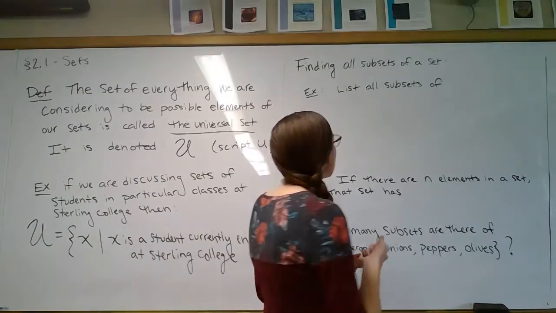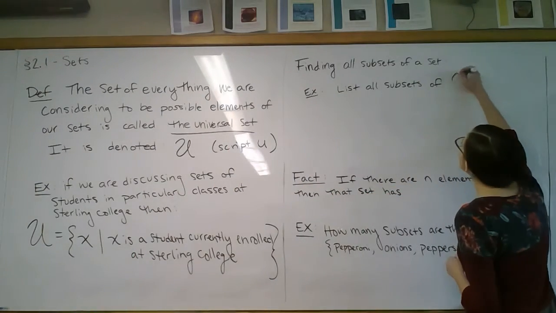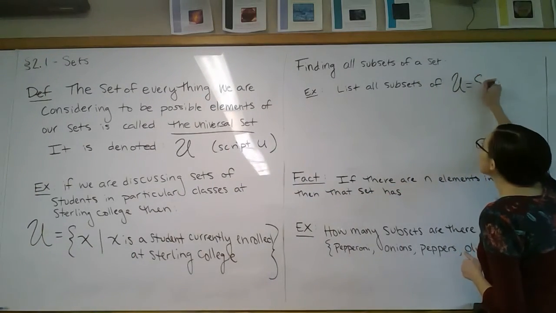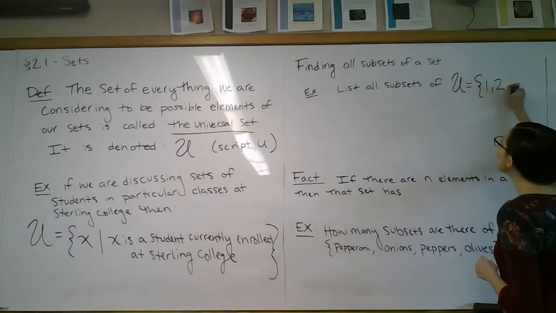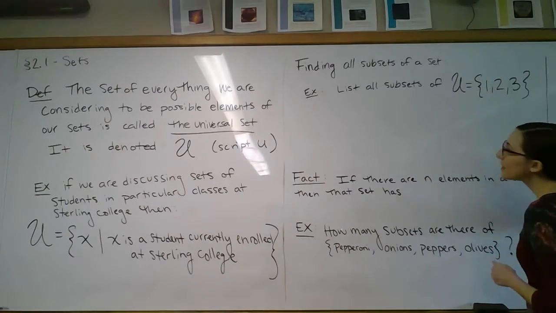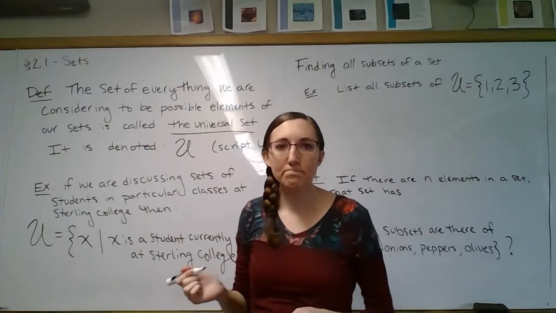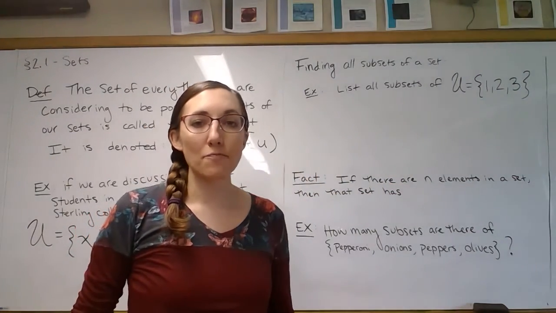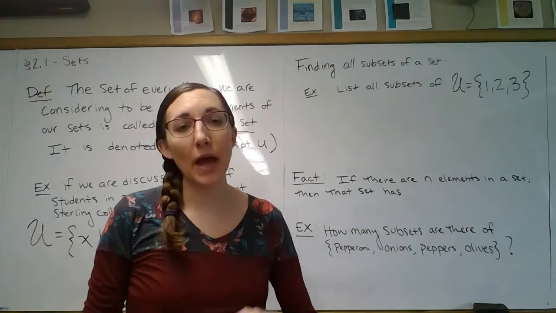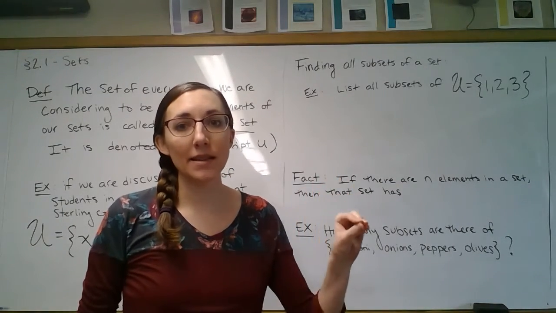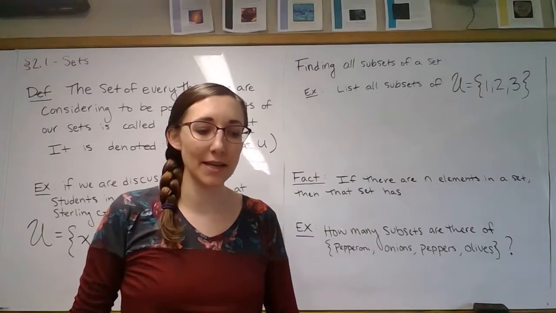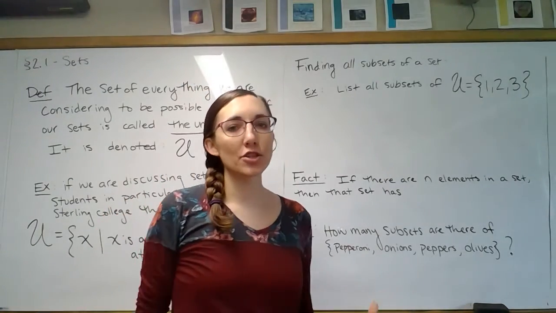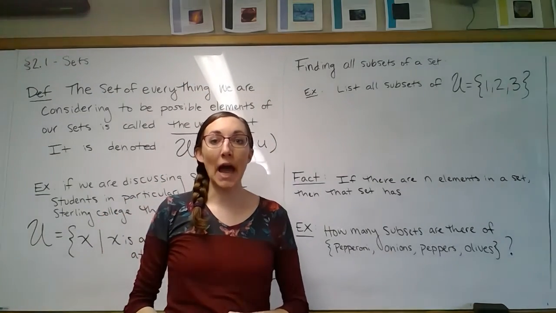Let's list all of the subsets of U, a universal set that contains the numbers 1, 2, and 3. We'll start with a fairly simple example. Now, we need to list every set that is a subset of this. We could just take a stab at it.